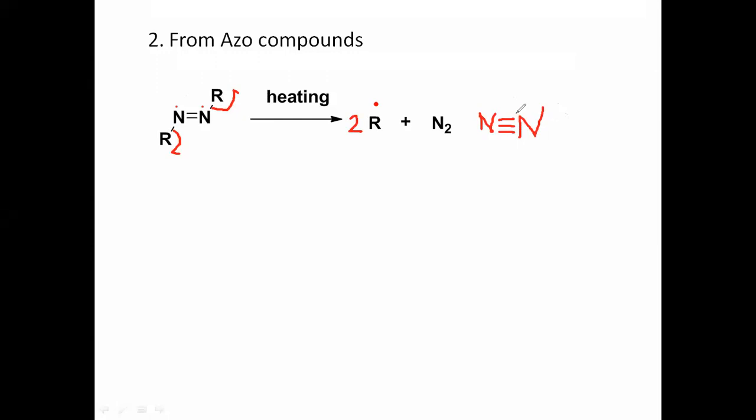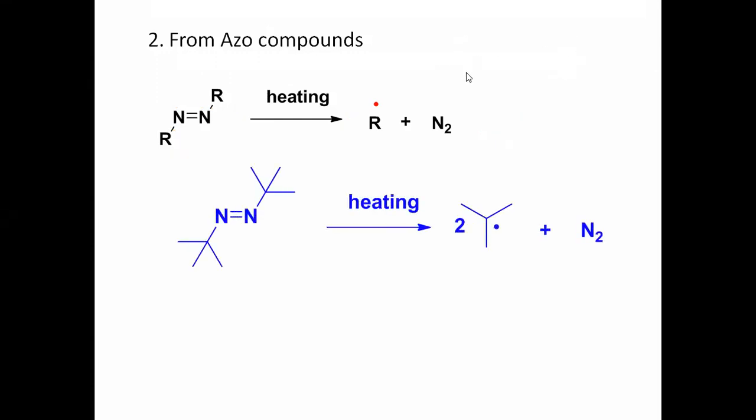So these are the examples which involve the formation of free radicals from azo compounds. One more example is before you. A tertiary butyl group is attached to an azo compound. This is the azo functionality. This will also undergo homolysis. How?